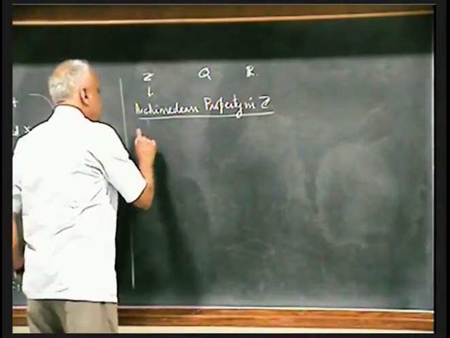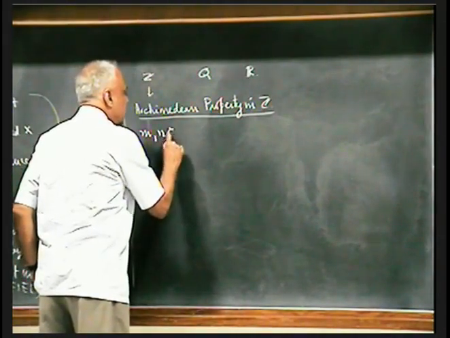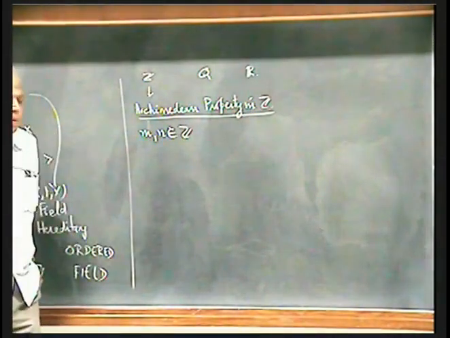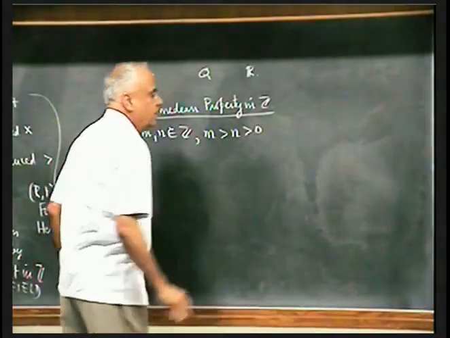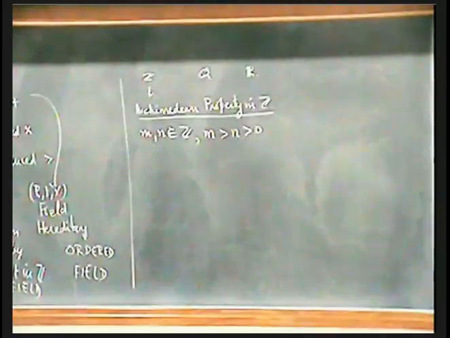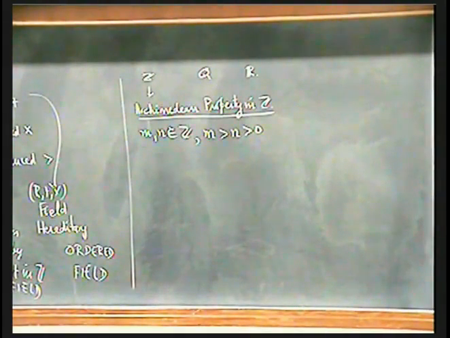The property is this. Suppose I have two positive integers, m and n, and m is greater than n. Though n is small, if you go on taking several copies of n, eventually you will beat m. In other words, you have $1 million, I have $1.